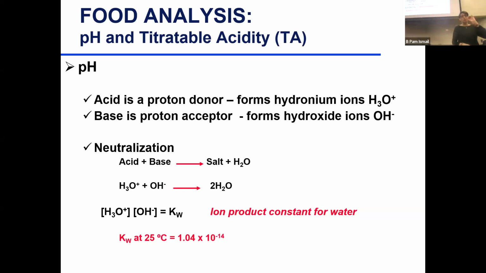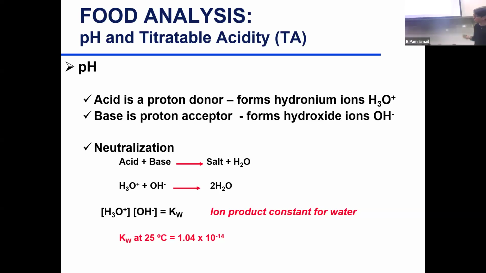So when the acid loses a proton, it loses a positive charge, and when the base gains a proton, it gains a positive charge, or loses a negative. Okay, so when we have acid and base, we get salt and water as part of the reaction.